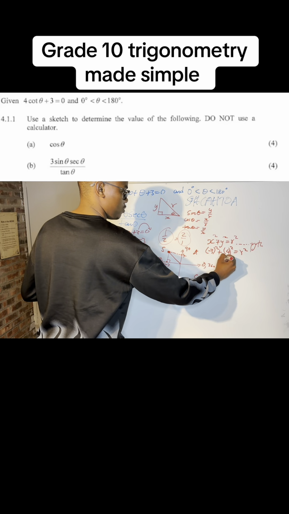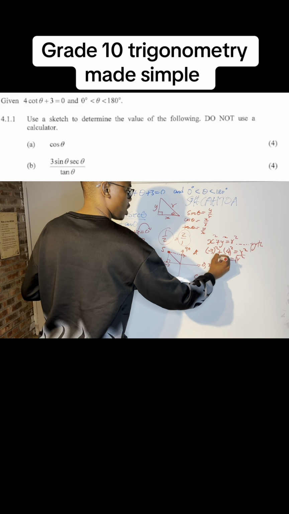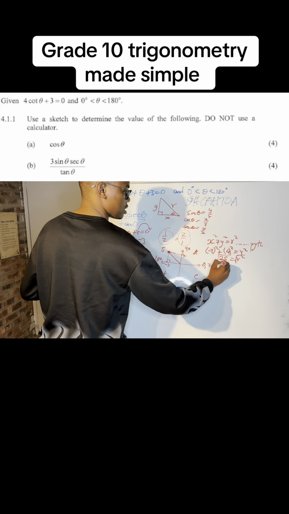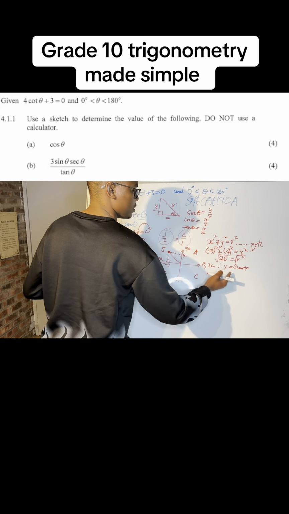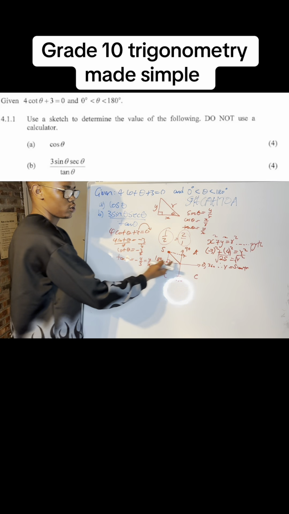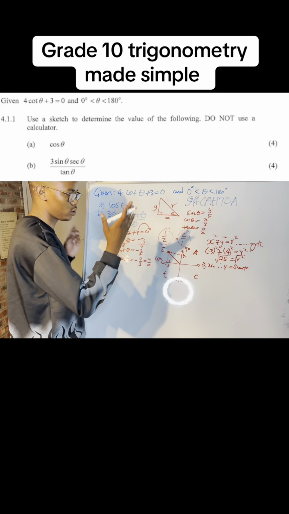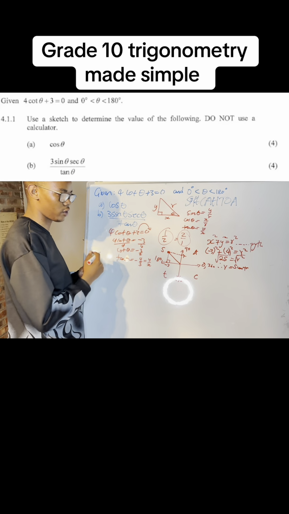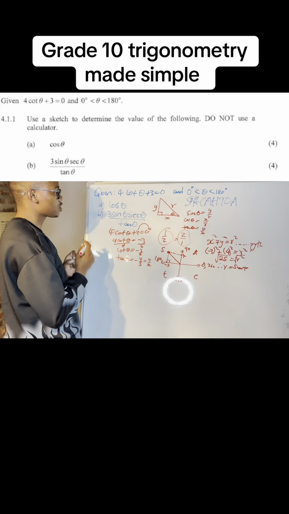So they both give you 25 is equal to r squared. And then for me to get r, I take the square root of both sides and therefore r is equal to 5 units. And I take the positive one because r is always positive. And therefore, I have the value of x, the value of y, and the value of r. And then I can now go on and solve the problems. Let us go on and solve them.